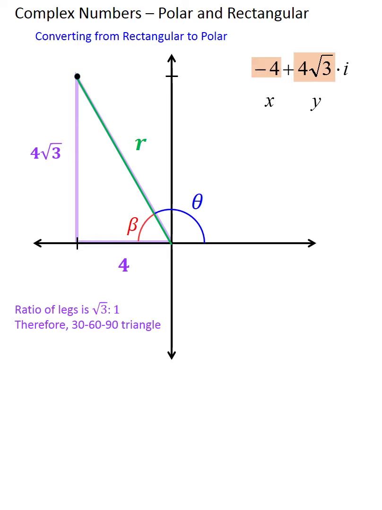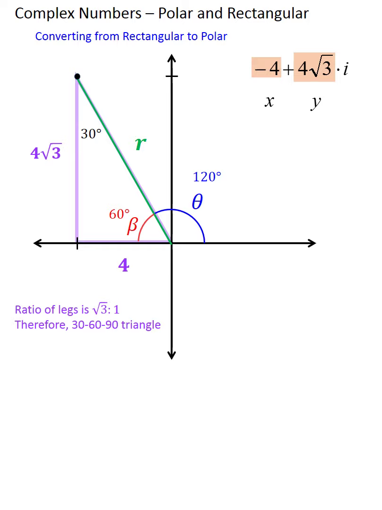And therefore, since we have a 30, 60, 90 triangle, we know that beta has to either be 30 or 60. But let's recall that the 30-degree angle is always opposite of the shortest side, which in this case would be 4, which means this angle at the top is 30, and therefore beta must be 60. And the reason I wanted to find beta was so I could ultimately find theta, 180 minus 60, and that gives me theta.